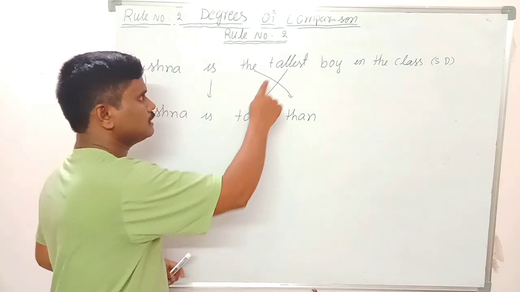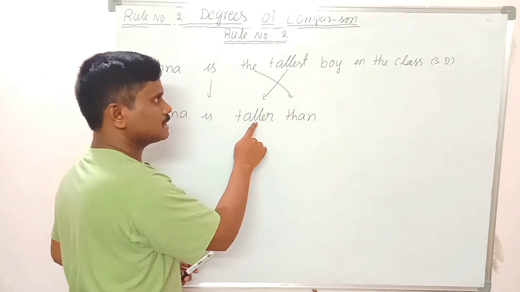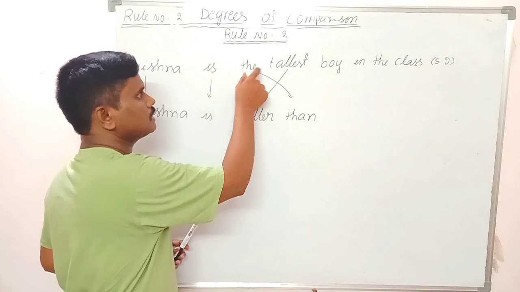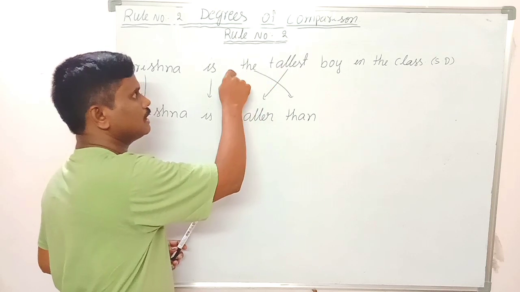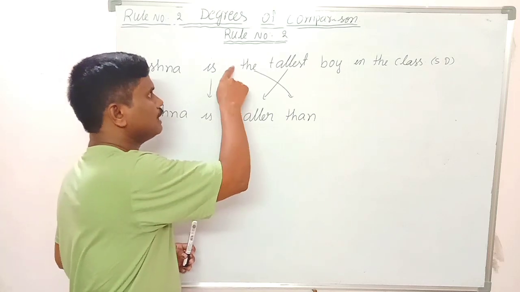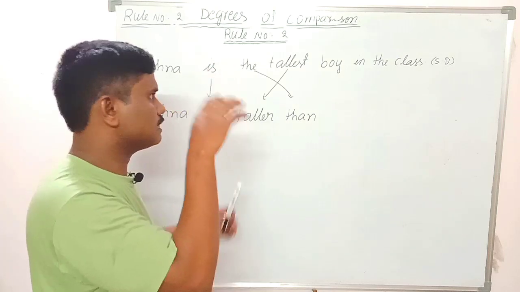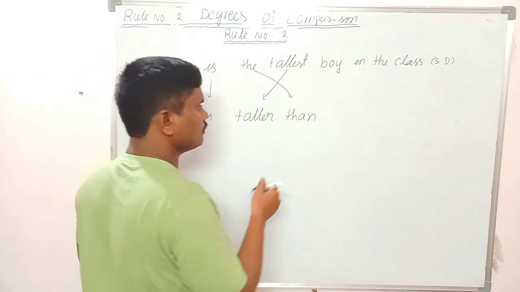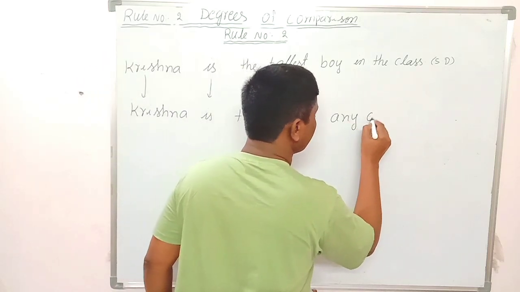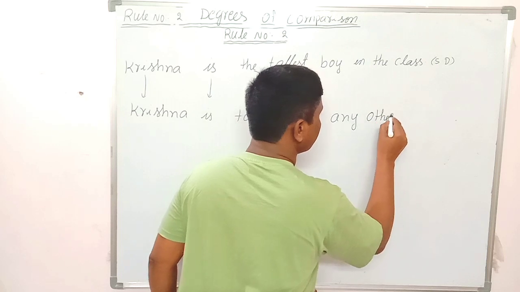That is why the adjective 3 changes to adjective 2, the changes to than. Here before the adjective 3 there are no other words. When we have no other words, no one of or something, here we use any other. Any other, that means new words.